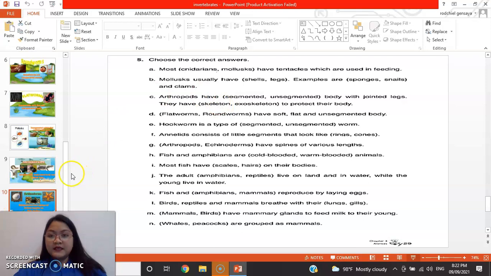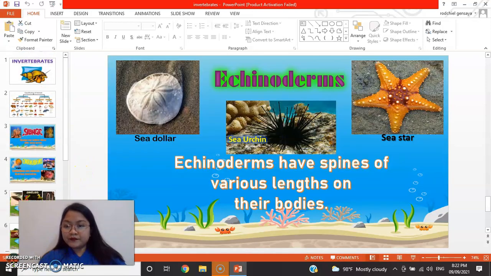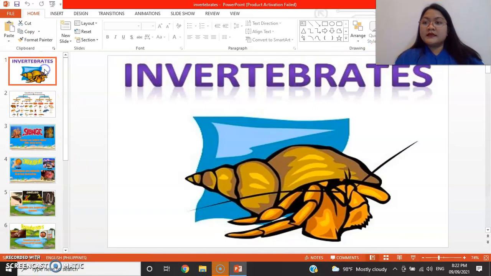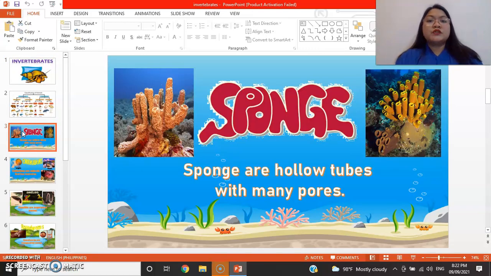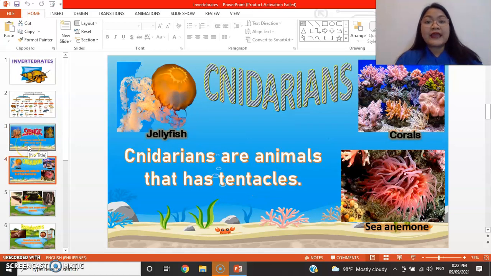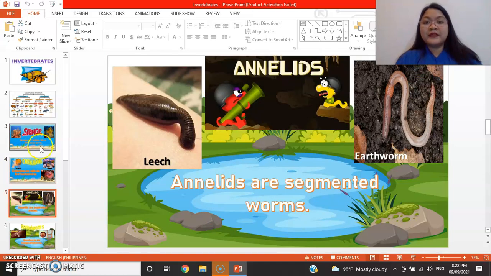Okay, so let's have a review. Again, invertebrates are animals without backbones. Number one, sponge are hollow tubes with many pores. Cnidarians are animals with tentacles. Very good.